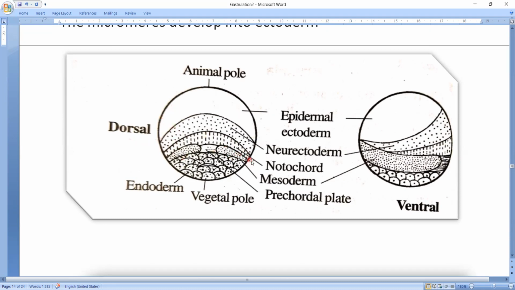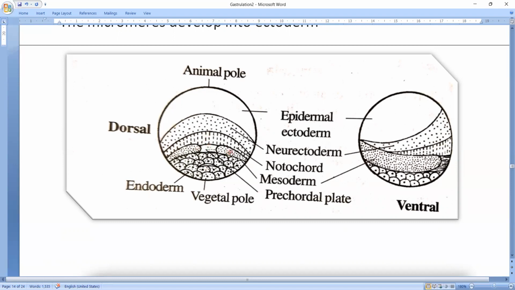In front of the endoderm, this group of cells will become the future notochord. And between the notochord and the endoderm there is a group of cells called the precaudal plate, which also participates in the formation of the notochord.